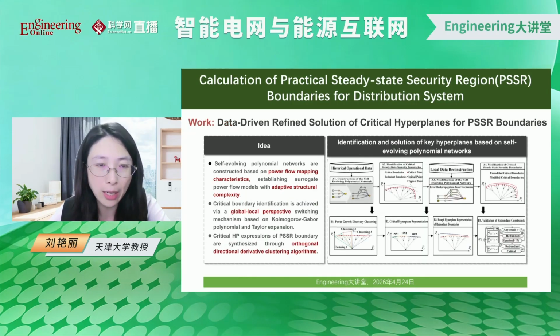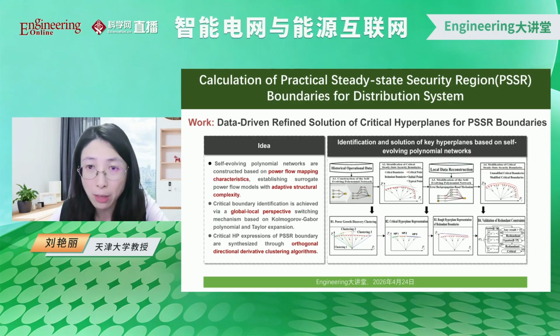And especially, we also bring in the data-driven refined solution for the critical hyperplanes of the PDSR boundaries. The key idea is similar. We establish the power flow mapping characteristic, and it helps us establish the network to obtain the final coefficients of the boundary.